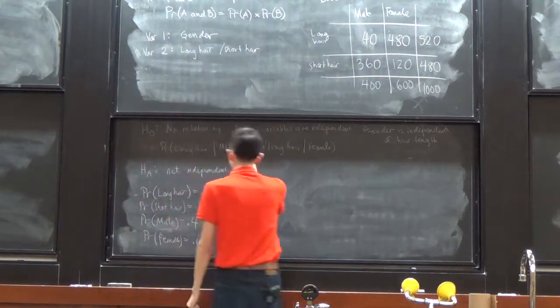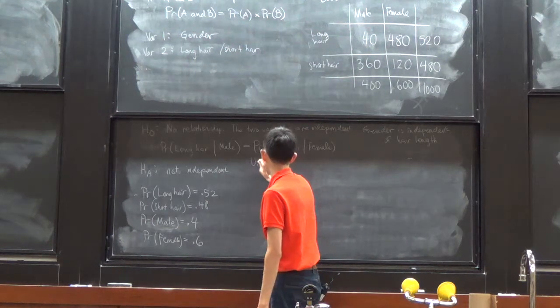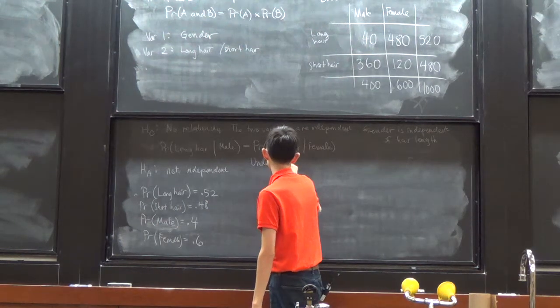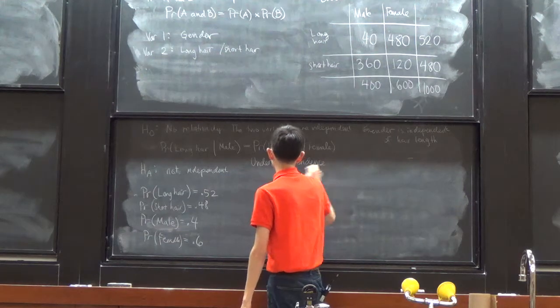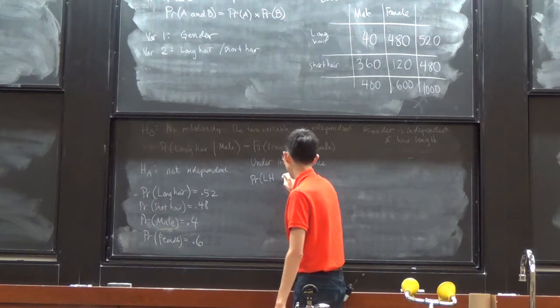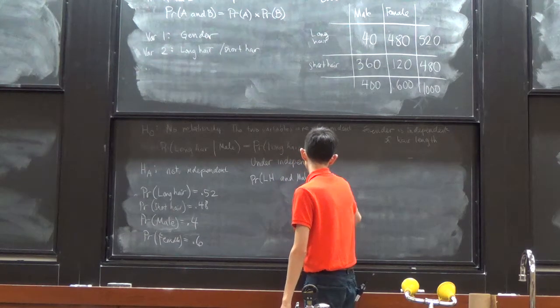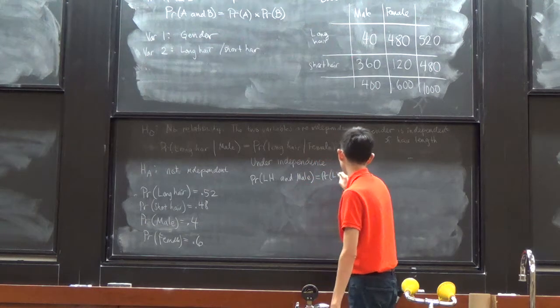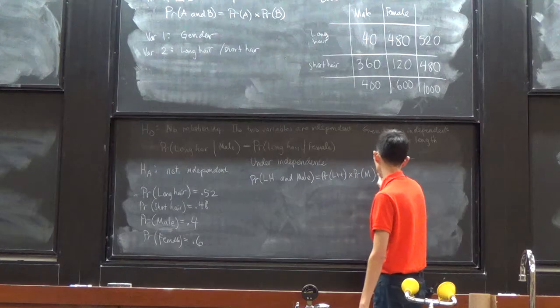So if hair length and gender are independent, under independence, then the probability of long hair and being male would equal the probability of long hair times the probability of being male.